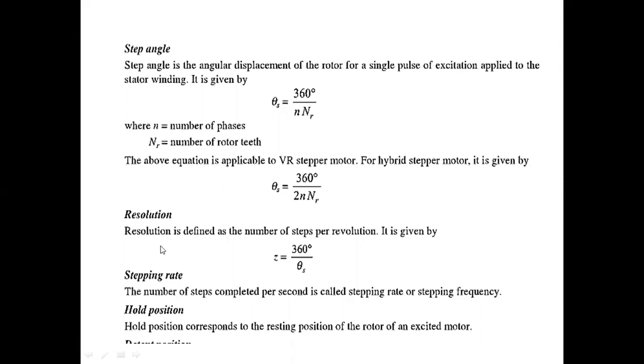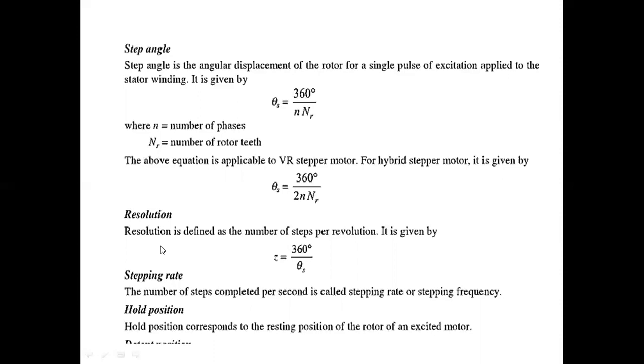Suppose you consider an example of a motor with 360 degrees of displacement. How many steps must there be? Suppose 60 degrees is the step angle. How many steps should the rotor rotate? 60 into 6 is equal to 360.